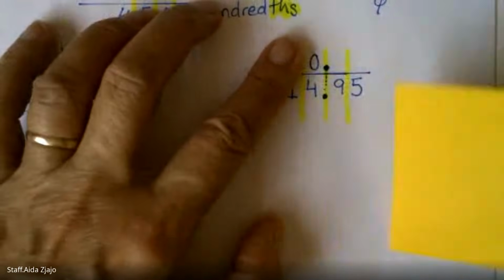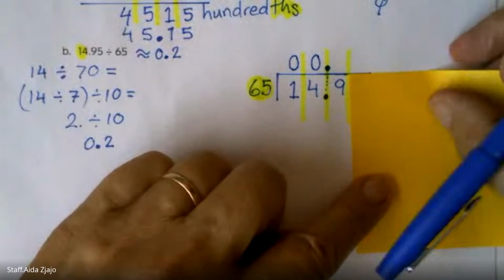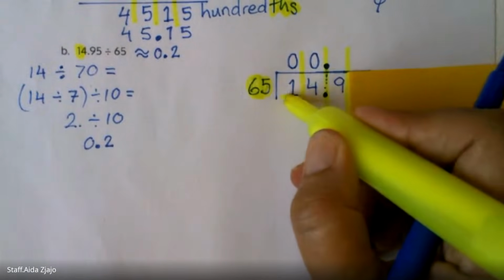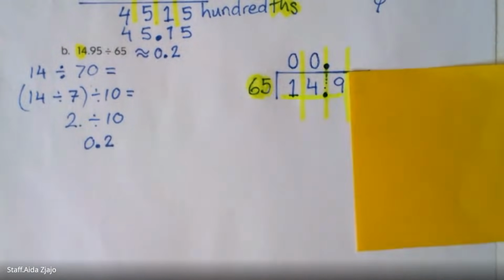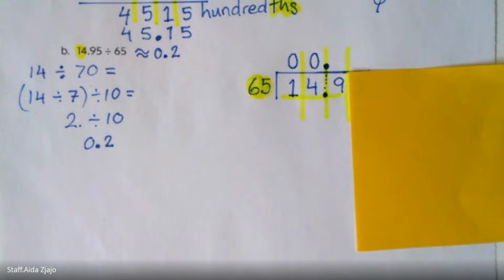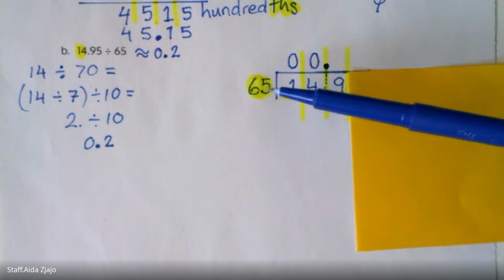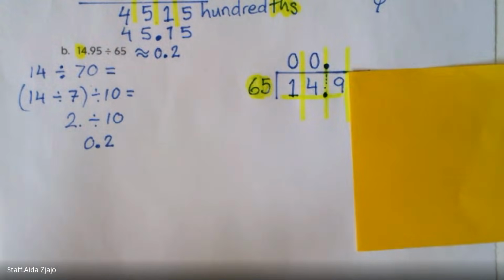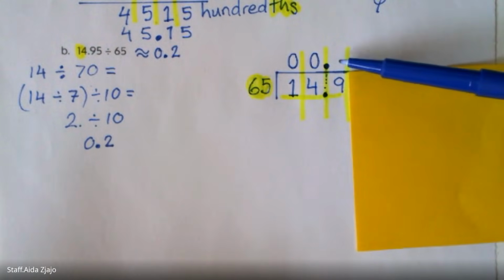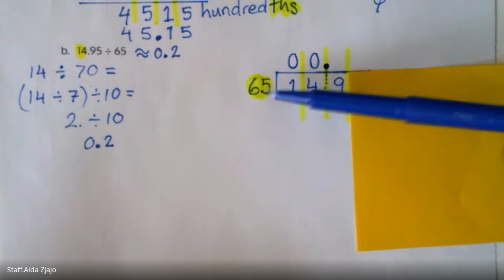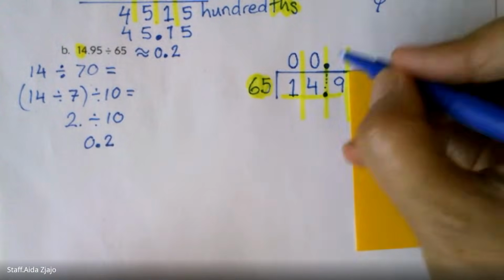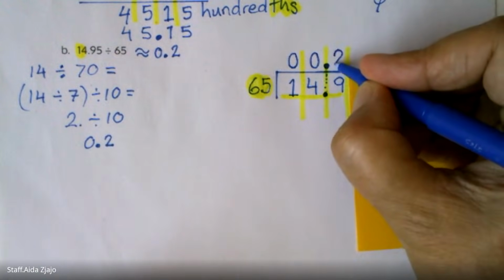But if I have 149, if I think about all of 149, I can make groups of 65. So you can round. 65 is about 60, 60 times 2 is 120, so you can guess that has to be 2 groups there. So 60 plus 60 is 120, and you have 140. So it should be 2 here.